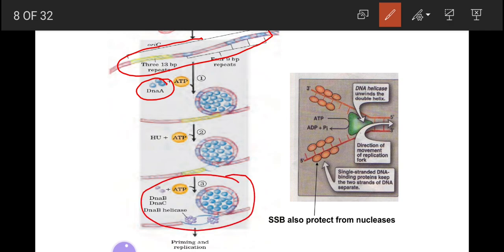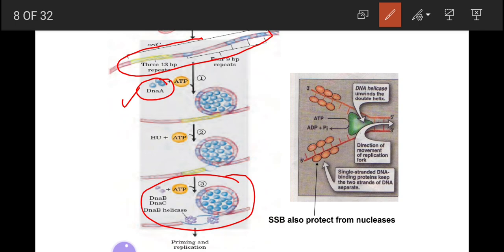So first of all, the DnaA protein. DnaA protein initiates the replication by binding to a specific nucleotide sequence called the DnaA box within the ori site. Again, I have told you before that the ori site contains AT rich sequence, and the DnaA protein will bind at the AT rich region.